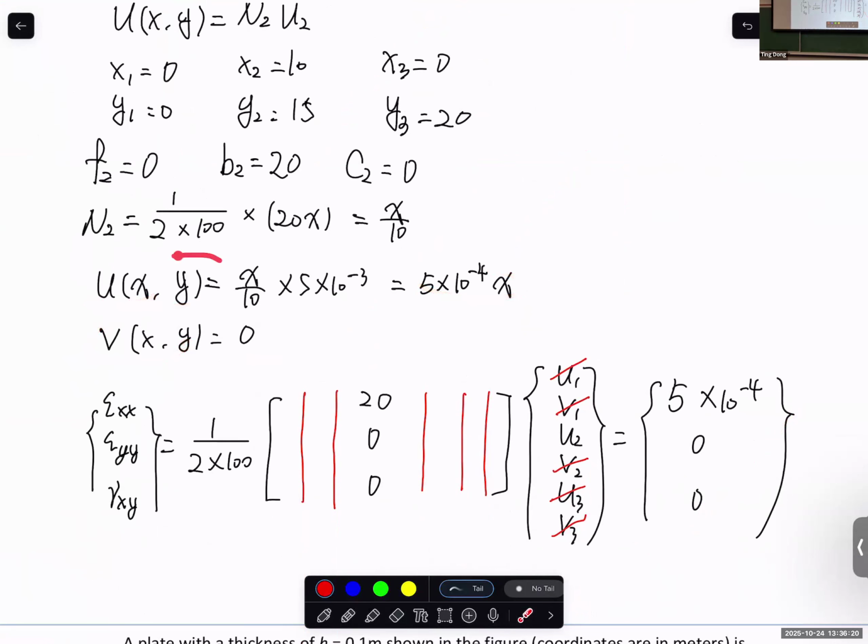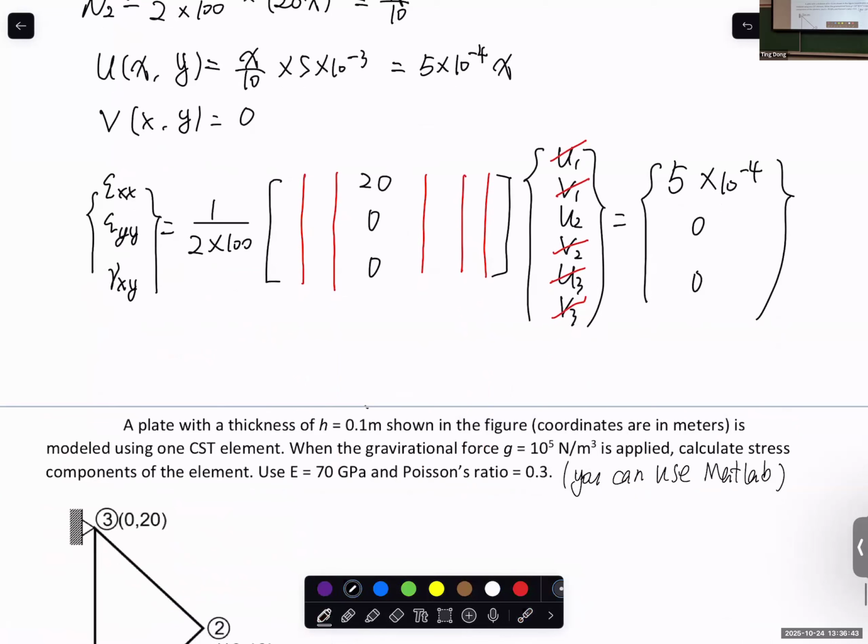So the normal strain in the X direction is partial U over partial X. So this should be epsilon XX. Same thing, the definition of the normal strain in the Y direction is partial V over partial Y, which is 0. And the third one is partial U over partial Y plus partial V over partial X. Let me write here.